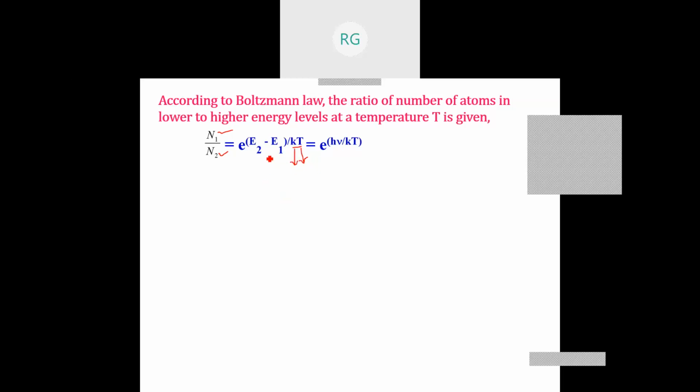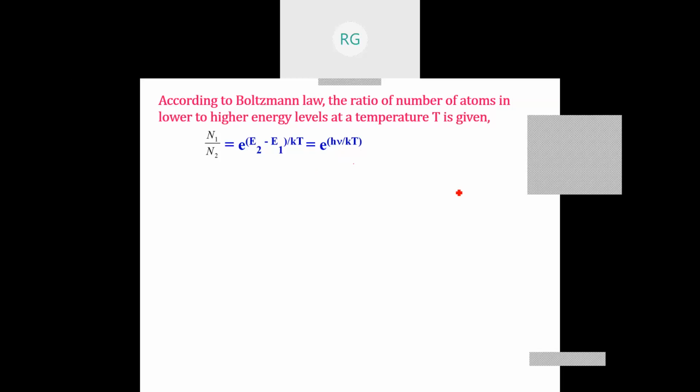If you write E2 minus E1 as h nu, I can replace it by h nu here, and therefore I write this equation simply as e power h nu by kT.